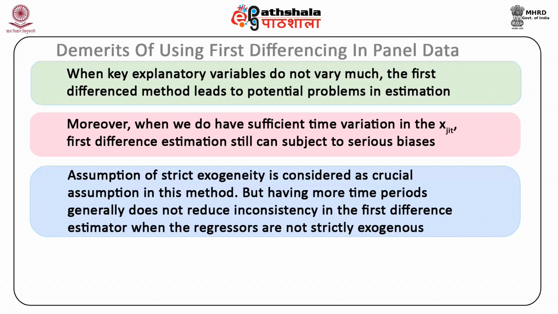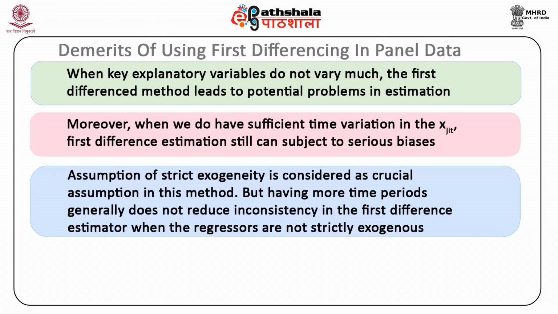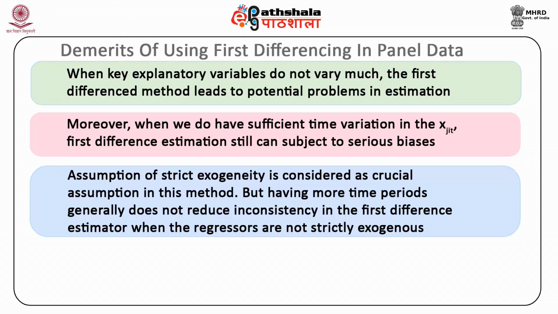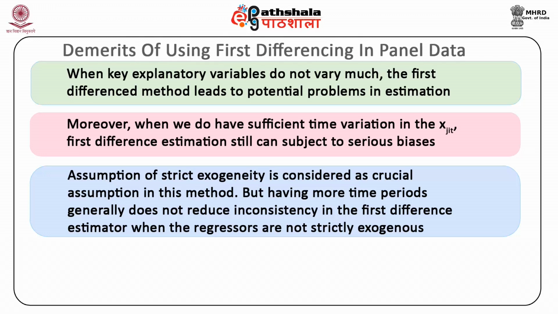But having more time periods generally does not reduce inconsistency in the first difference estimator when the regressors are not strictly exogenous, for example, if y_i,t-1 is included among the x_jit.